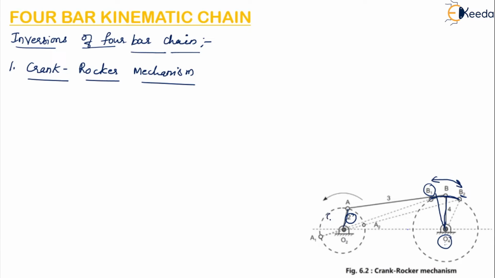So link 2 here is the crank and link 4 is the rocker. That is why it is named the crank and rocker mechanism, or the rocker can also be called a lever. Crank and lever mechanism also it can be called.